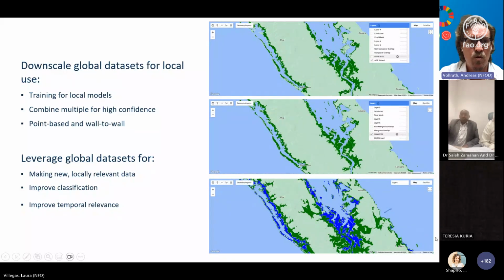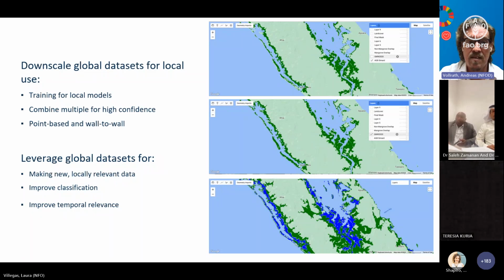I was mentioning before, we really try to downscale from global data sets to local use. We will see, for example, in the next presentation about Kenya, how we use global products to create training data, where we combine multiple layers to create high confidence in what might be mangrove and what is not mangrove. So basically you can do both point-based as well as wall-to-wall mapping.